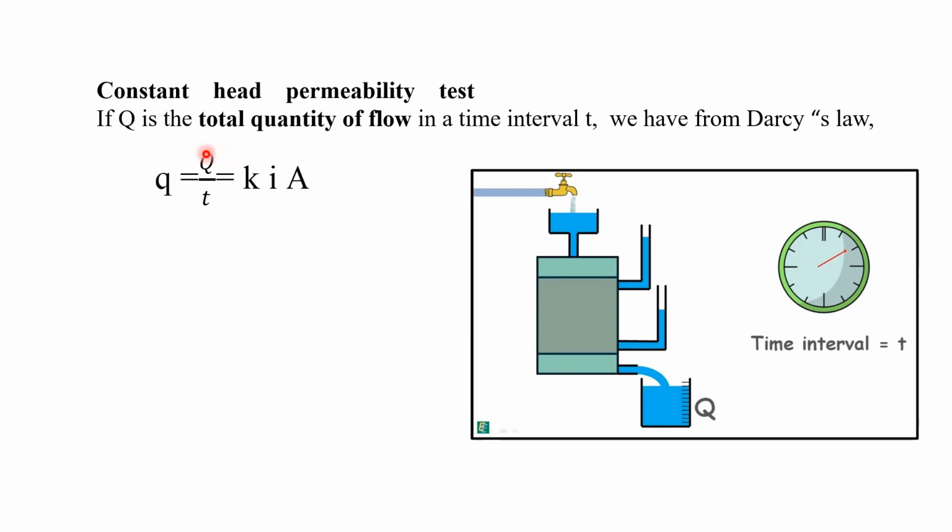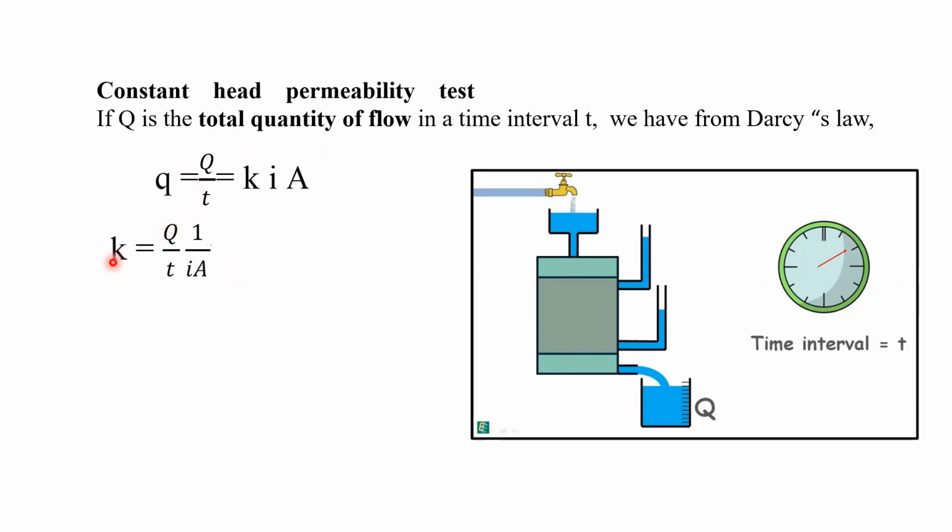So discharge we can write q is equal to Q by t. And we have also studied in Darcy's law that q is equal to vA. v is the velocity of flow through the soil media, v is equal to ki, where i is the hydraulic gradient and A is the cross-sectional area of the sample. Suppose you use these two equations, Q by t is equal to kiA.